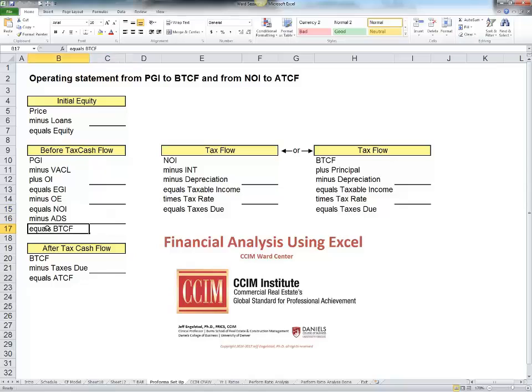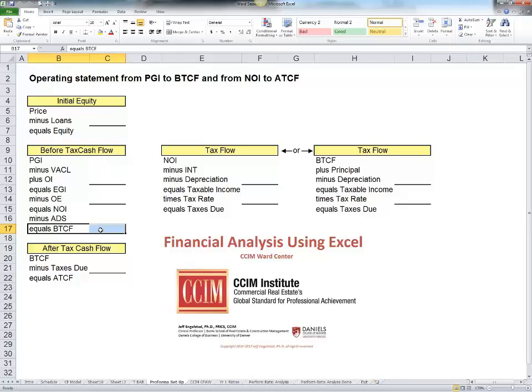Now, when we are proceeding through the rest of the sessions in this course, we're going to do some analyses on a before-tax basis, and we'll also do some analyses on an after-tax basis. And I understand it pretty much depends on your position in the world of real estate employment.